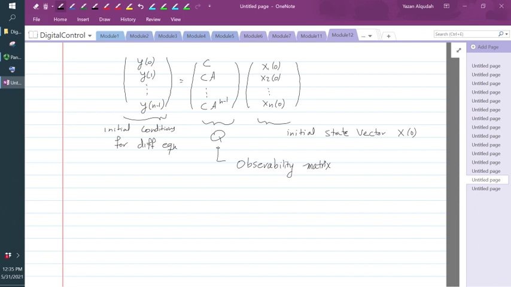Now if we have a single input, single output system described by the state space representation, then the Q matrix is an n by n matrix.